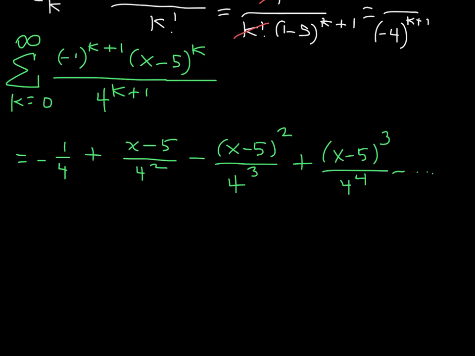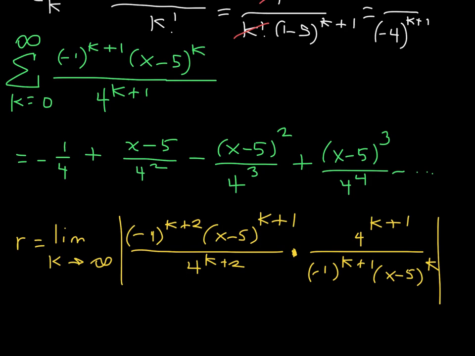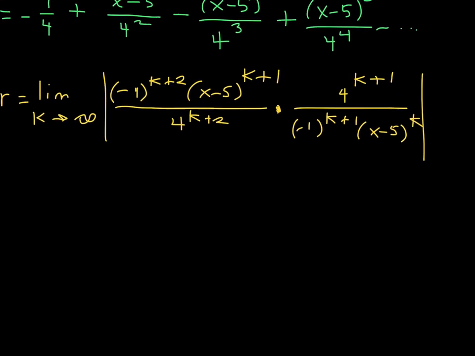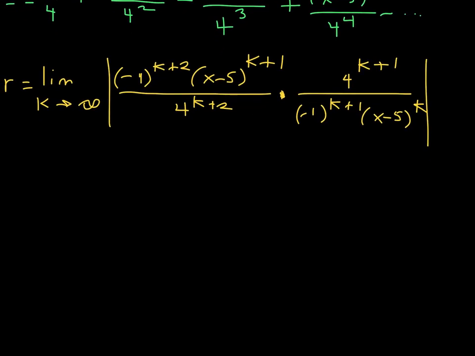Let's find the interval of convergence. All right, I'm using the ratio test here to find my interval of convergence. All right, so it's time to simplify. So then this is equal to the limit as k goes to infinity. And let's see what we have here. The absolute value makes these negative 1 expressions go away.